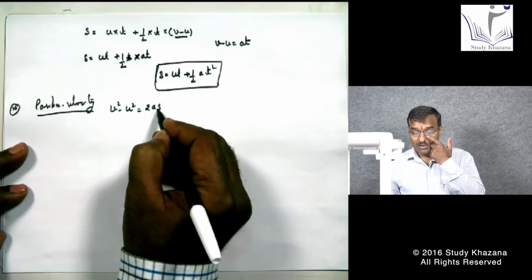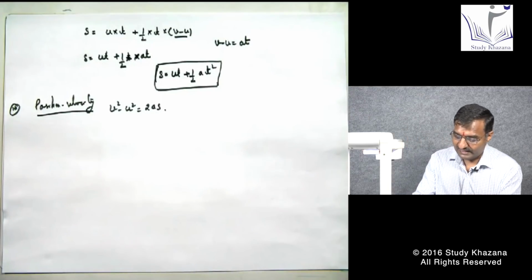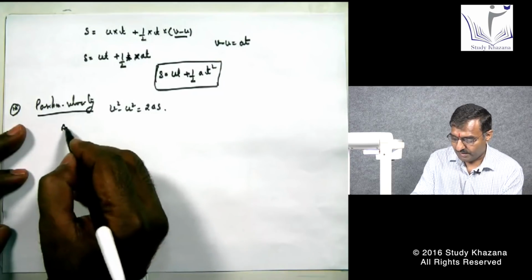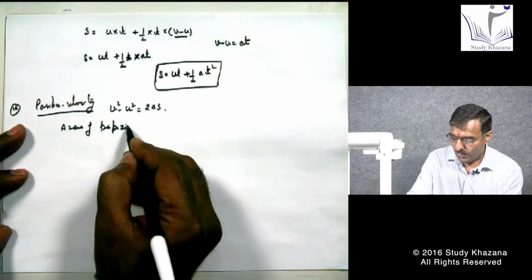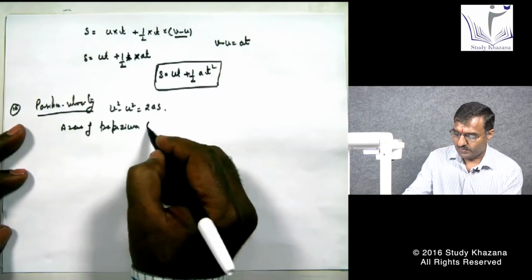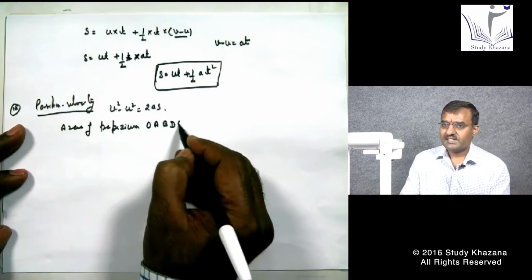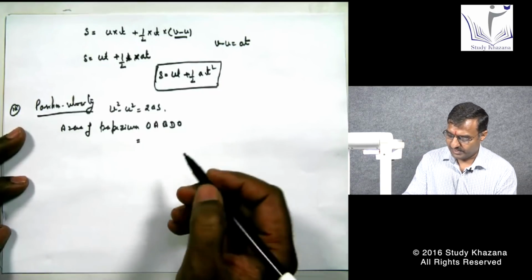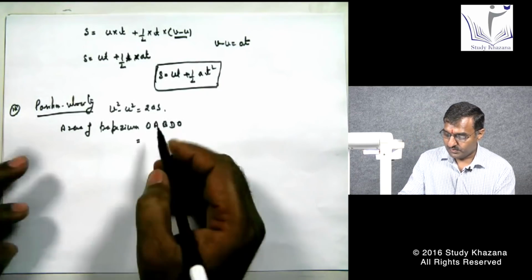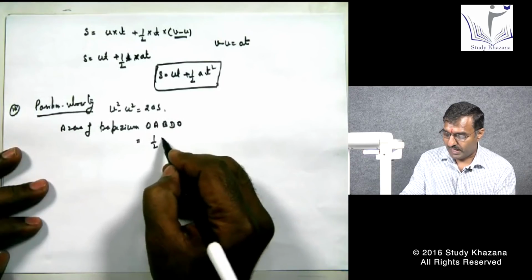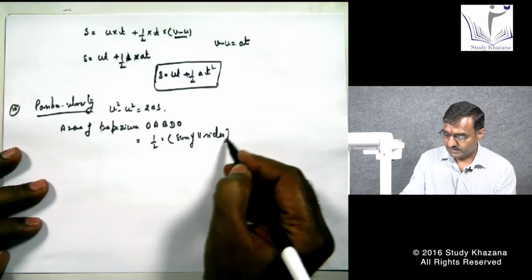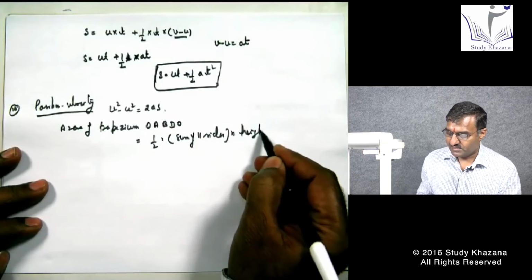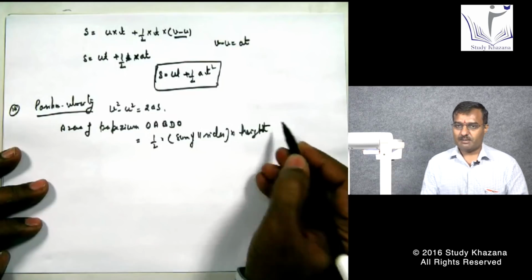Now how will we derive it from the same graph? Here we will consider again the area of the trapezium OABDO. There is a direct formula of trapezium, half into sum of parallel sides into height. This is the direct formula which we can apply here.